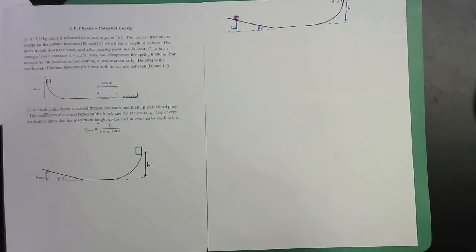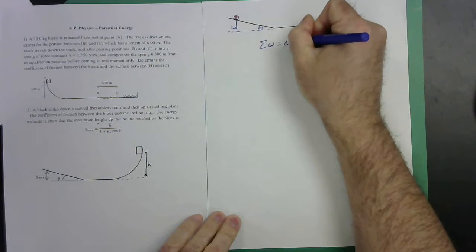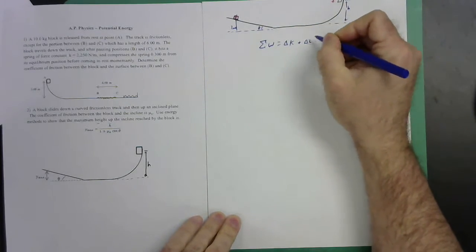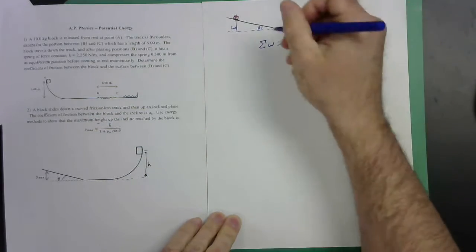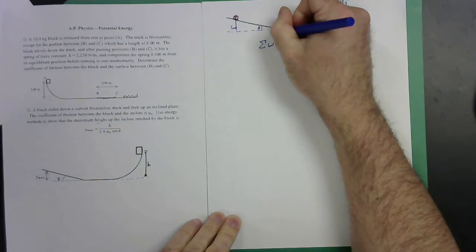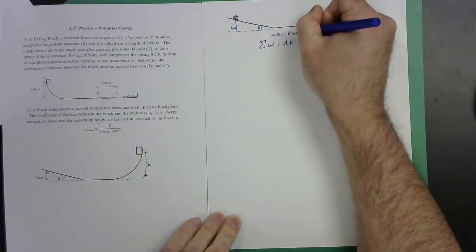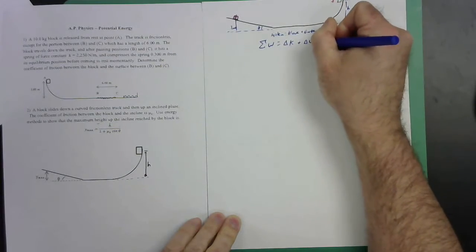We're going to set up the big work energy theorem. Sigma W is delta K plus delta. Whoops, I don't have any deltas yet. No one's going to be surprised when I tell you, let's make our system be both the block and the Earth. That means I'm going to have a delta UG.